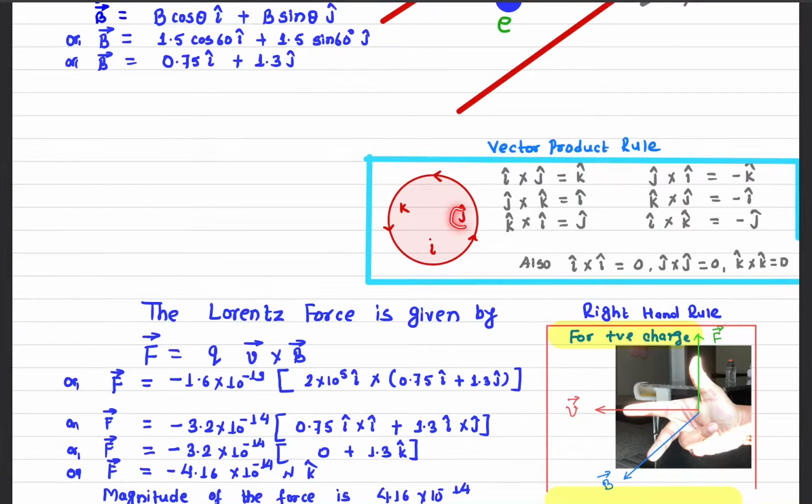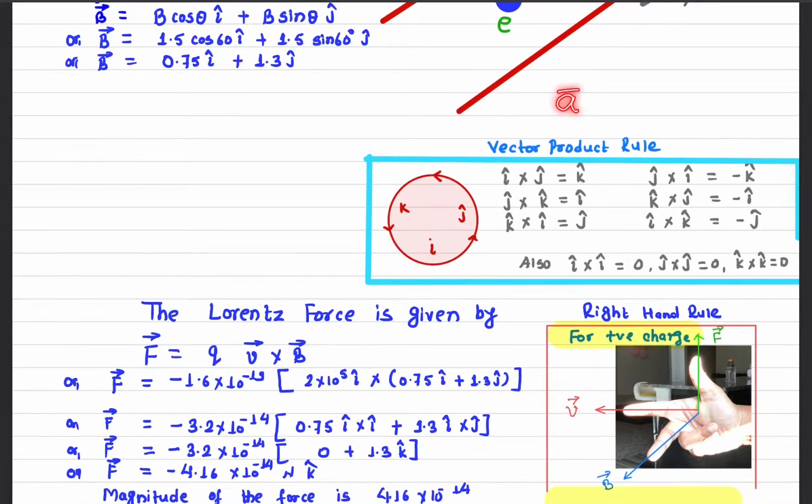If you multiply j and k vector, you will get the i vector. Similarly, if you multiply k and i, you will get the j vector. But if you multiply j vector and i vector in the opposite direction, you will get the negative k vector. And if you multiply i vector times i vector, it is 0.